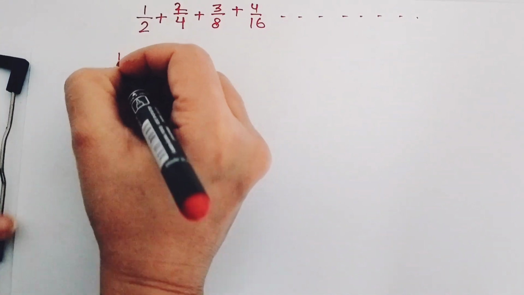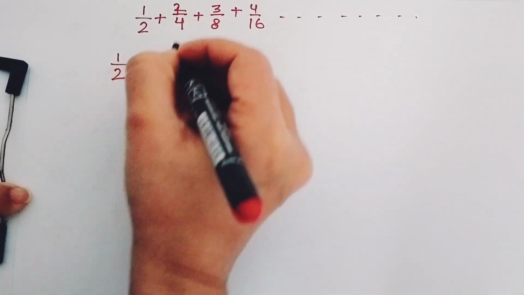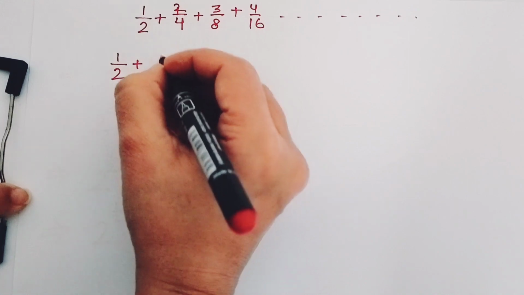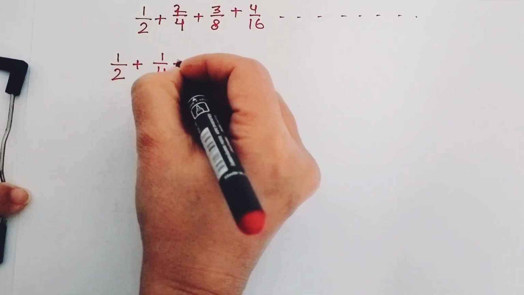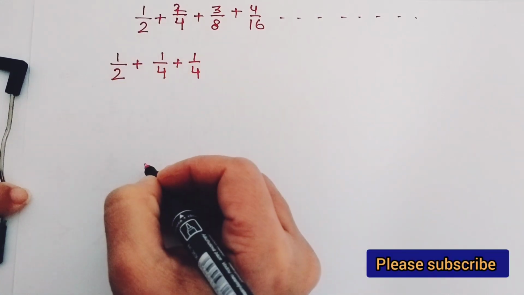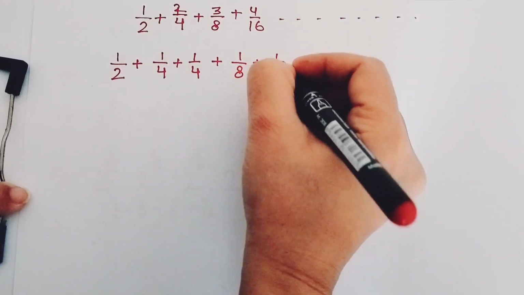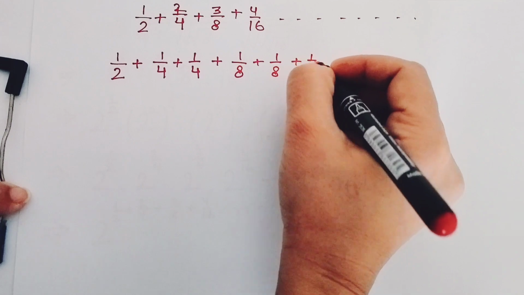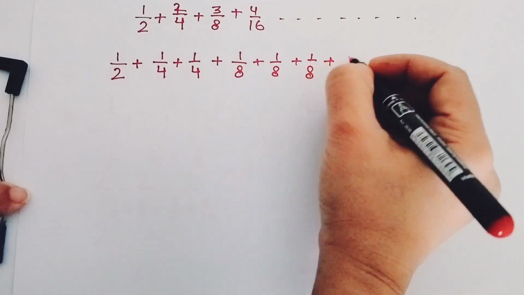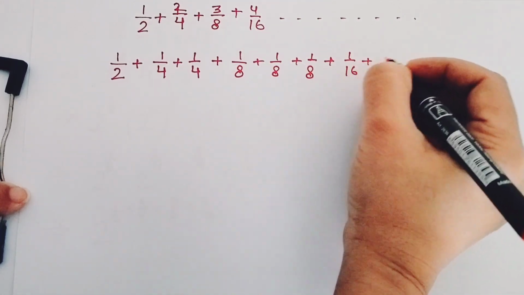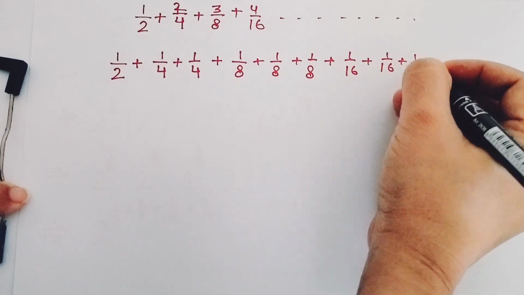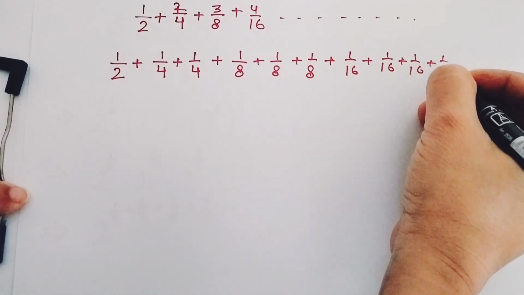See, we have 1 by 2 plus, what is 2 by 4? We can write it as 1 by 4 plus 1 by 4 plus, what is 3 by 8? 1 by 8 plus 1 by 8 plus 1 by 8. What is 4 by 16? 1 by 16 four times. Like this, we can continue.